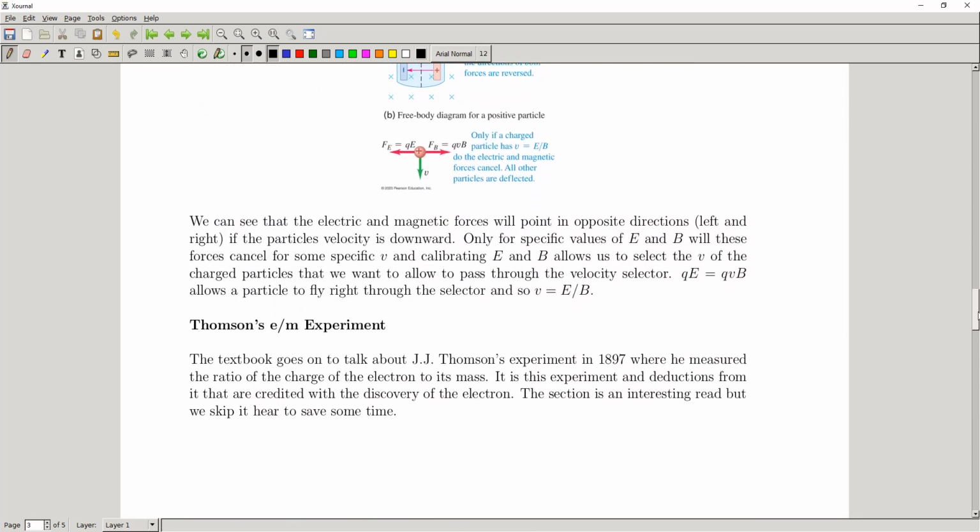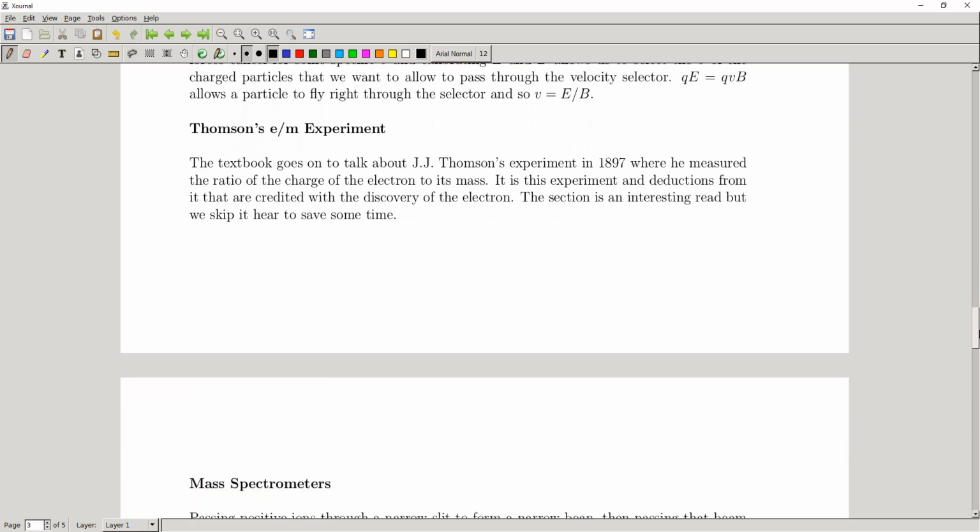Okay, so the textbook goes on to talk about J.J. Thomson and his EM experiment, which was held back in 1897. During this experiment, they did a bunch of work, and they ended up measuring the ratio of the charge of an electron to its mass.